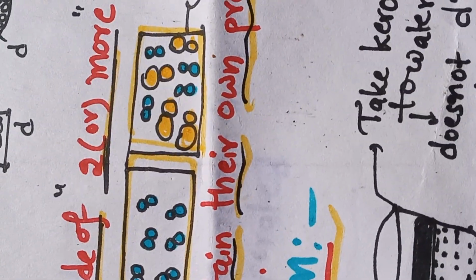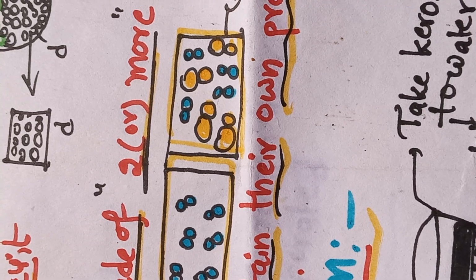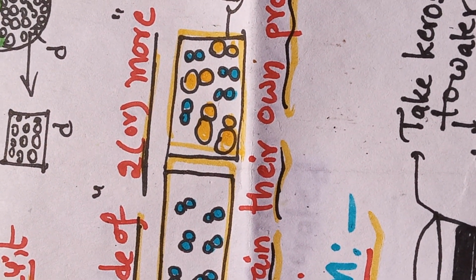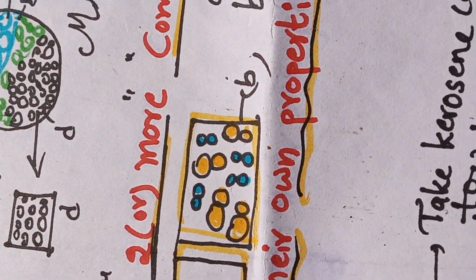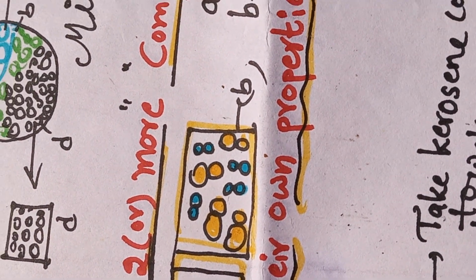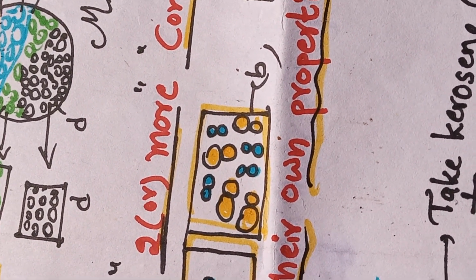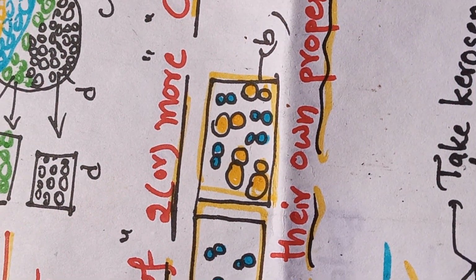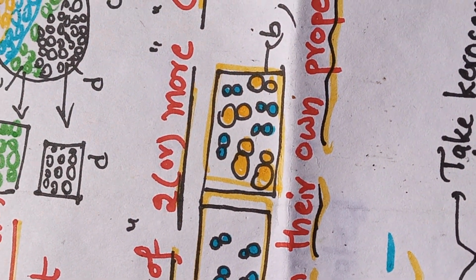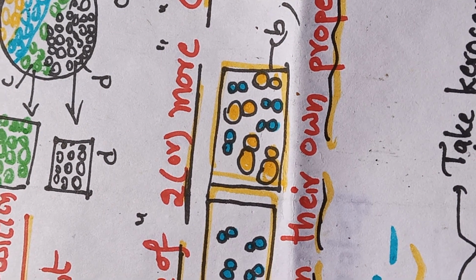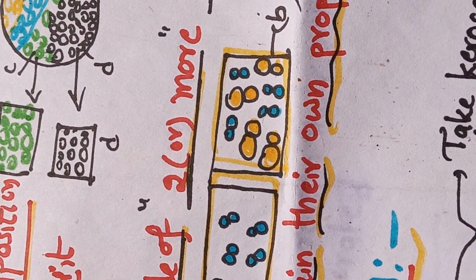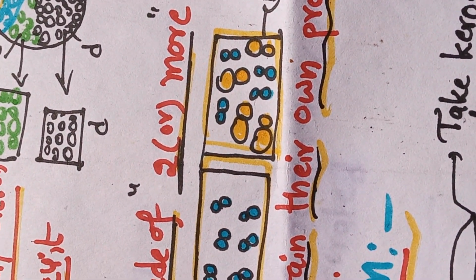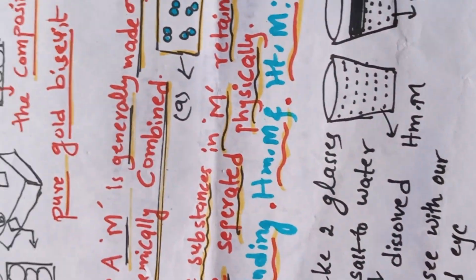For example, salt water: when we heat this salt water, the water will go out and the salt will be left in the beaker. That means we can separate the components by physical methods. There is no chemical bonding between them. That is a mixture.